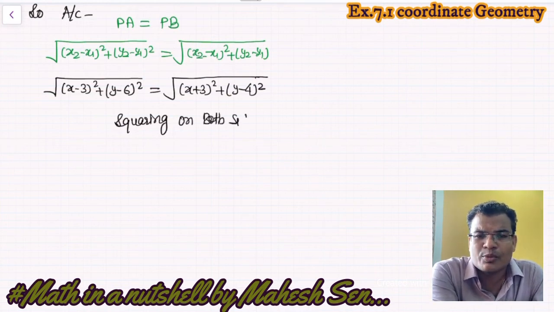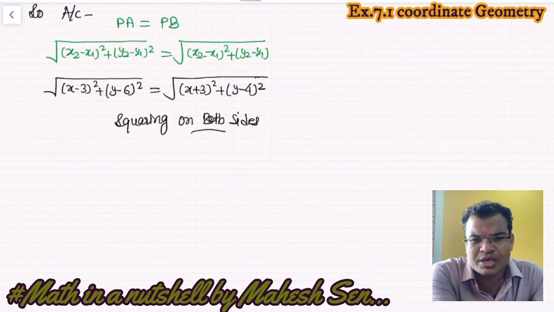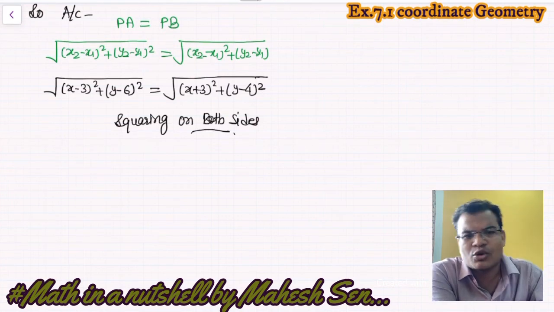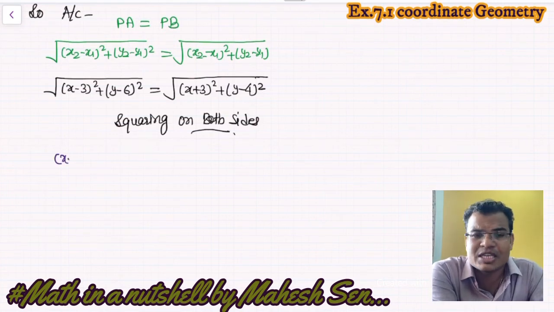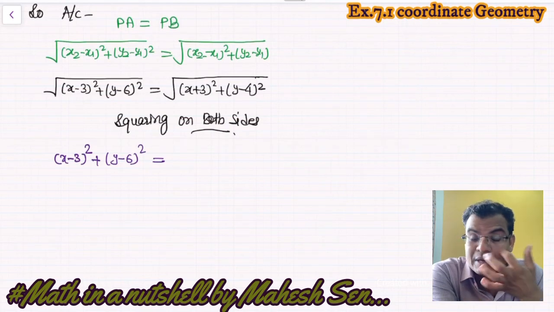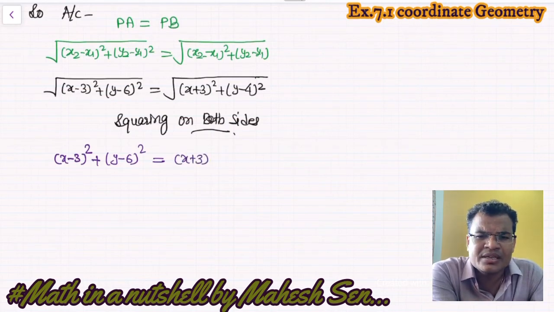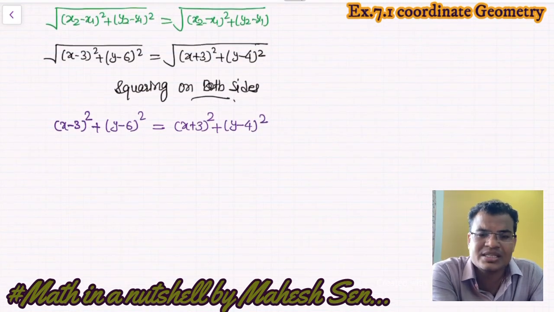So squaring both sides, the under root will be removed. So x minus 3 whole square, we can apply the identity a minus b whole square directly here, and y minus 6 whole square we copy as it is, and then we'll apply the identity. Let me write the first term x plus 3 whole square plus y minus 4 whole square as it is. Then we'll apply the identity.